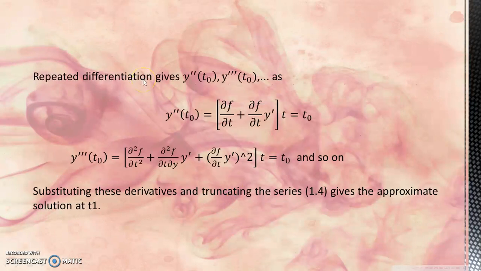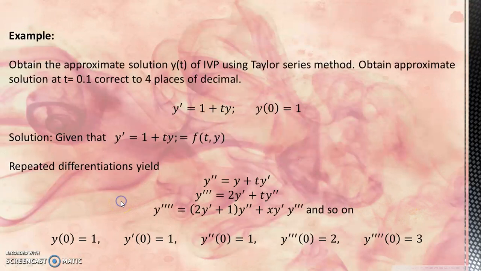Repeated differentiation gives y second order of t0, y third order of t0 as in this equation, and this equation, and so on. Substituting these derivatives and truncating the series 1.4 gives the approximate solution at t1.